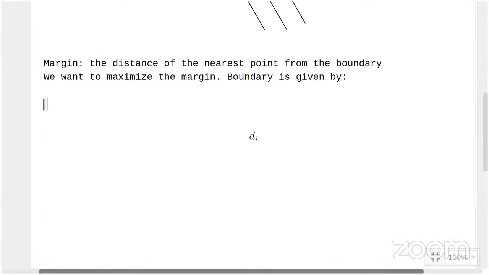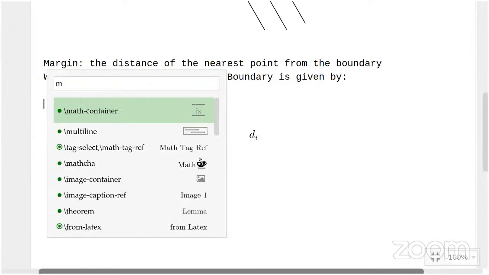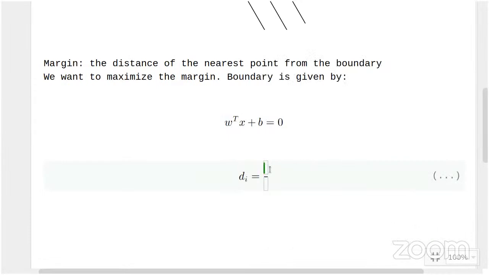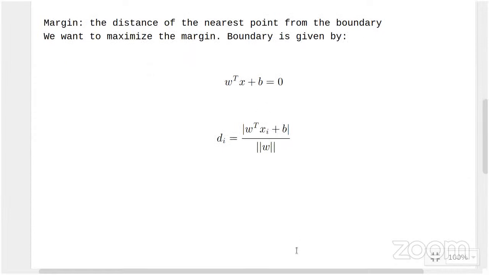W transpose X plus B equal to 0. The distance of a point from the boundary is going to be the absolute value of W transpose Xi plus B, divided by the norm of W. This is the distance of any point xi from the boundary W transpose X plus B equal to 0.